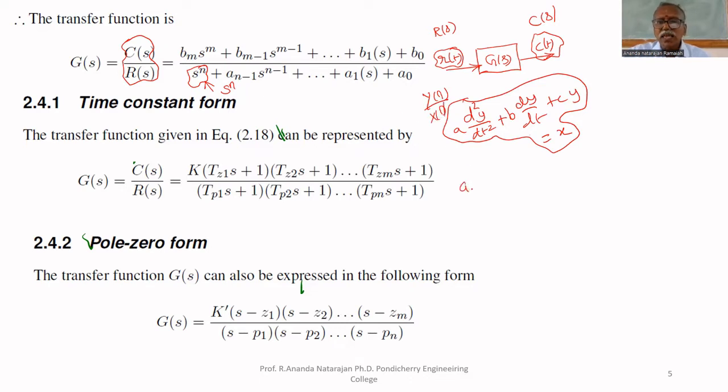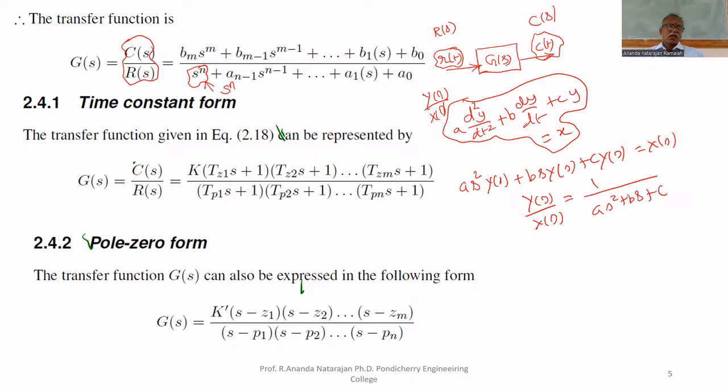You can notice that a s square y of s plus b s y of s plus c y of s equal to x of s. Therefore, the output upon input y of s upon x of s equal to 1 upon a s square plus b s plus c. So, this degree indicates that the system is second order.